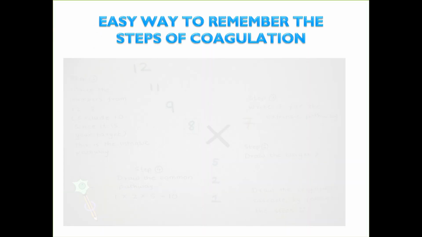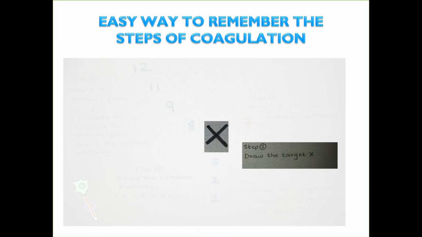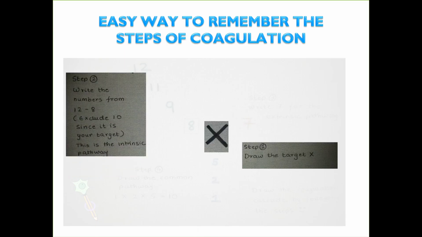So this is one easy way to remember the steps of coagulation. Step 1 is draw the target 10. That is, factor 10 is the main factor which integrates both the intrinsic and extrinsic pathways. So first draw this 10. Second step is write the numbers from 12 to 8, excluding the 10 because you have already put the 10.